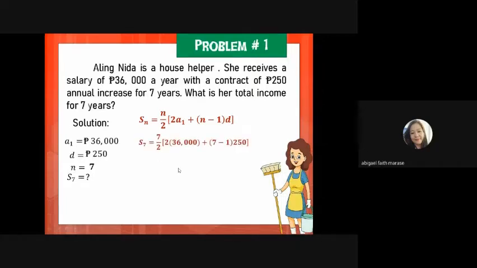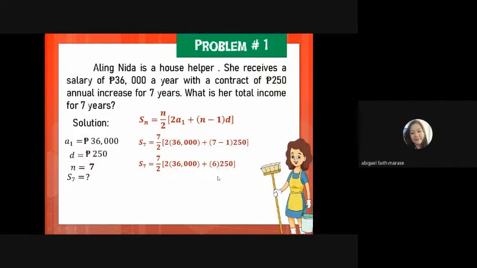That is S sub 7 is equal to 7 over 2 times 2 times 36,000 plus 7 minus 1 times 250. 7 is our n, 250 is our d, 36,000 is our a sub 1. Then we simplify 7 minus 1. 7 minus 1 is 6. So that is S sub 7 is equal to 7 over 2 times 2 times 36,000 plus 6 times 250.